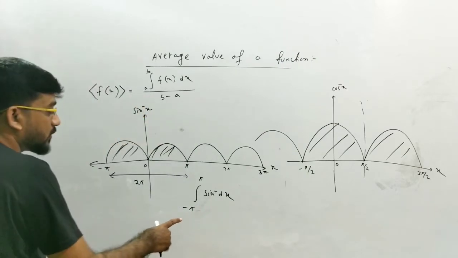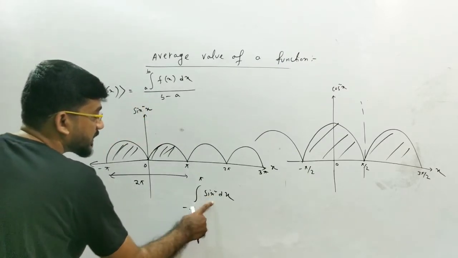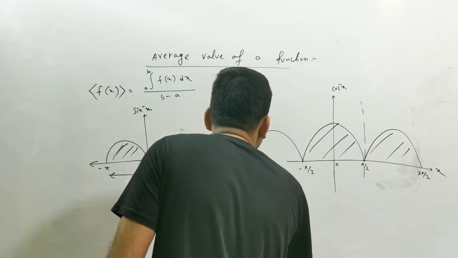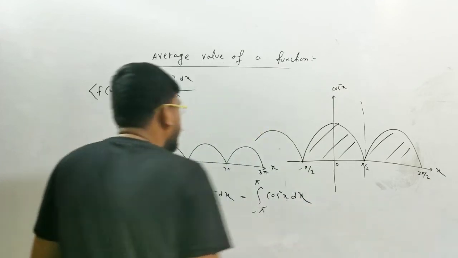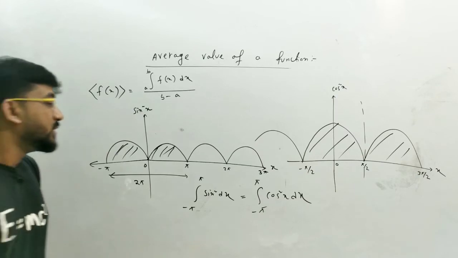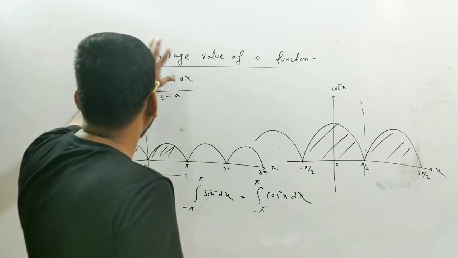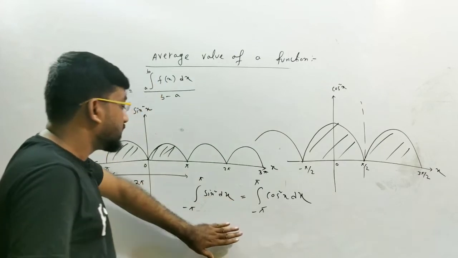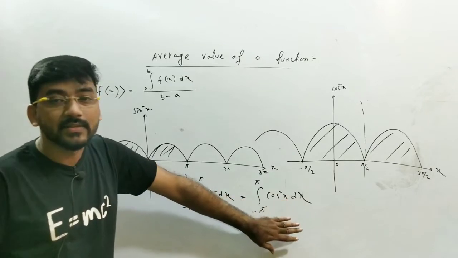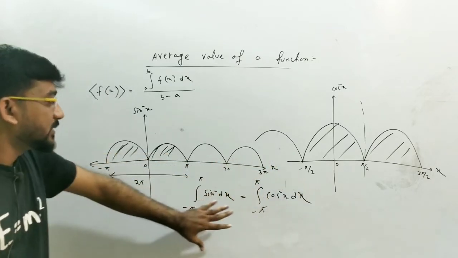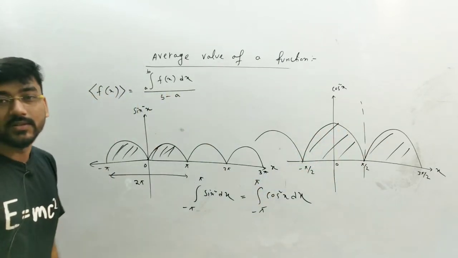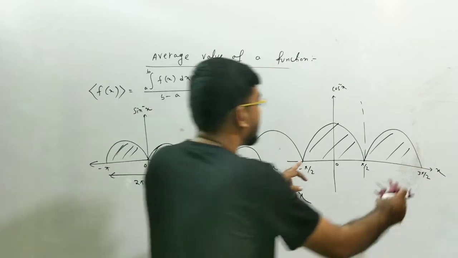Okay, so if you want to find out the integration of minus pi to pi sin square x dx, this will be same as minus pi to pi cos square x dx, because this is nothing but the area under the curve. So instead of doing this kind of integration, you can find the result by using this concept, that the area under this curve and the area under this curve is same, and its interval is same.